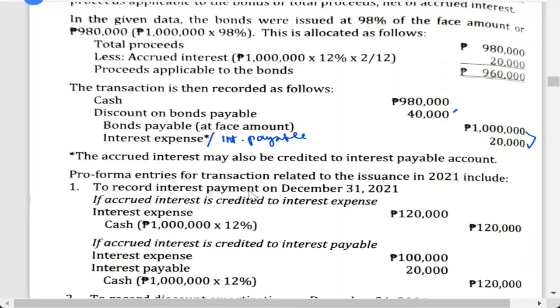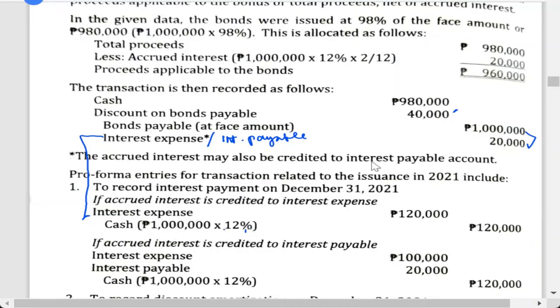To record the interest payment on December 31, it runs for 1 year. So debit interest expense, credit cash. As I said earlier, your entry depends on which account you used on issuance. If interest expense was used on issuance, you debit interest expense 120, that's 1 million times 12%.